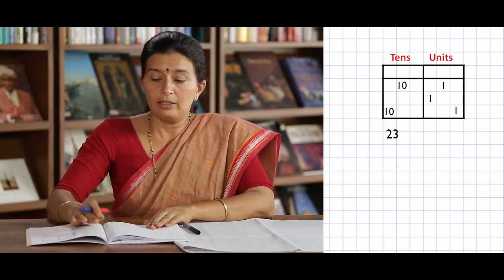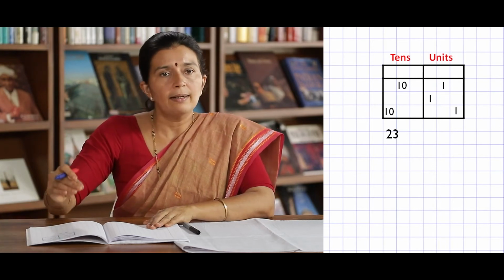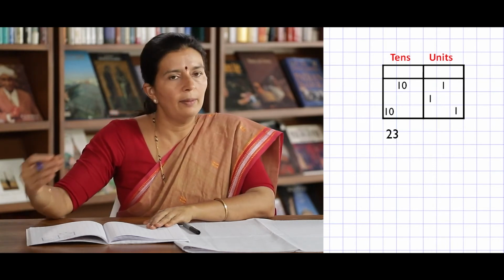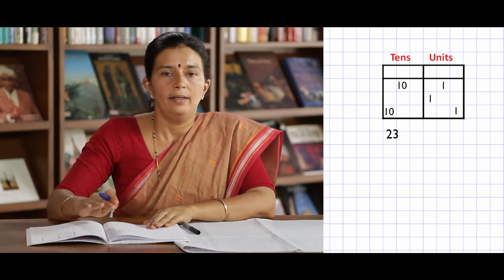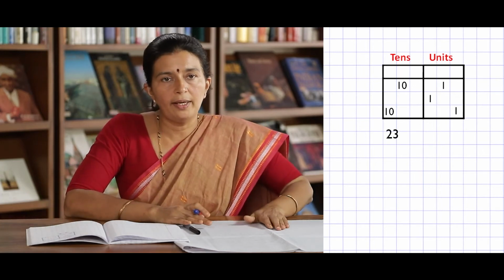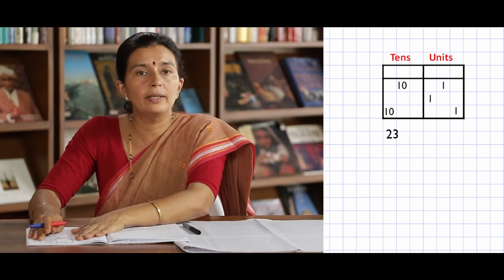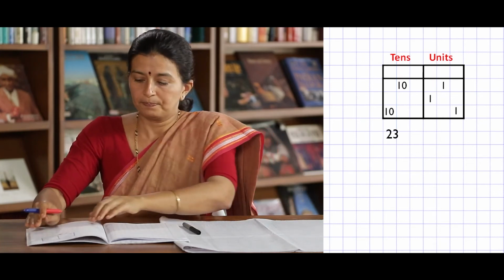While representing numbers, while doing additions and subtractions, how to use this we'll see later. Here, it can be written in any way. Totally, the quantity of the number should be shown correctly in representational form.